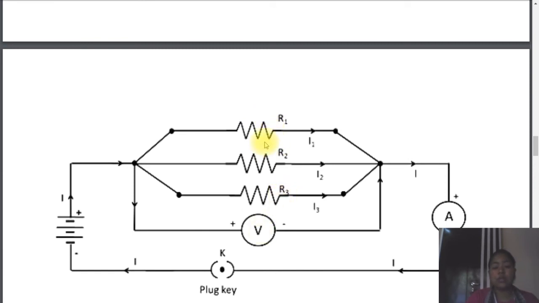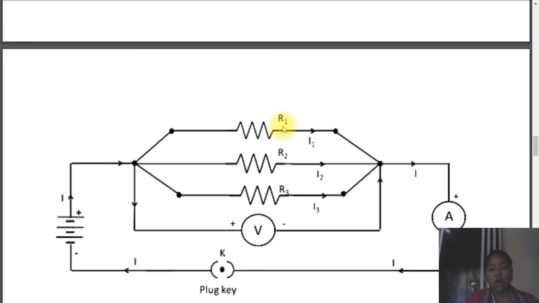This is the total voltage, or the total potential difference, of the electrical circuit. Suppose it has a value of 10 volts. This 10 volts will not be distributed among R1, R2, R3 individually.